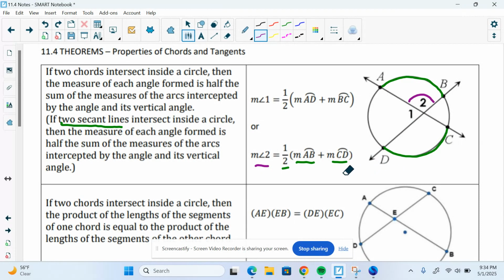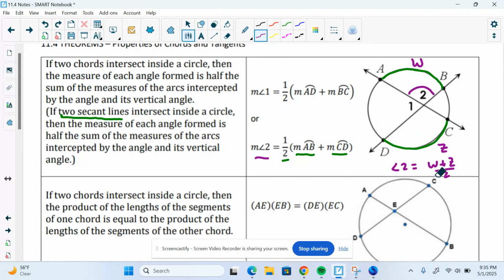So angle 2 is equal to, let me call these W and Z, W plus Z divided by 2. So there's a relationship between the angles and the arcs when I have intersecting chords.